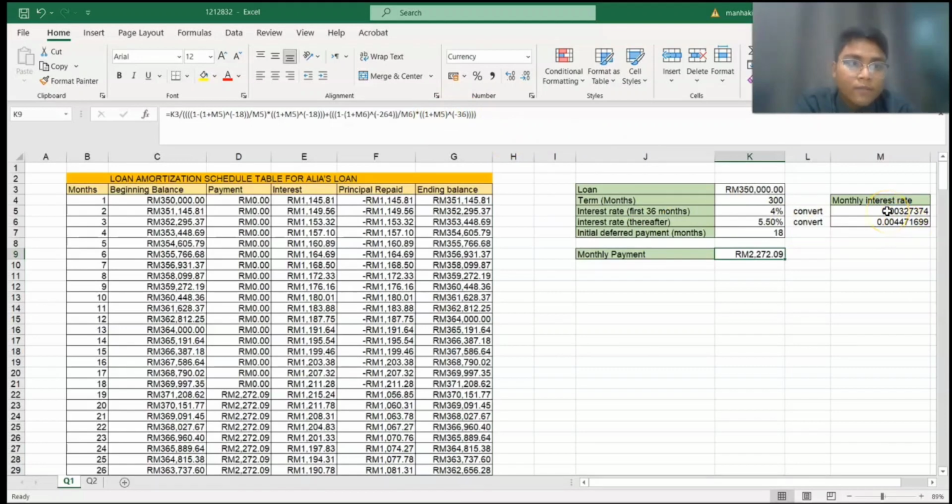So we got the monthly payment of 2,272 ringgit.